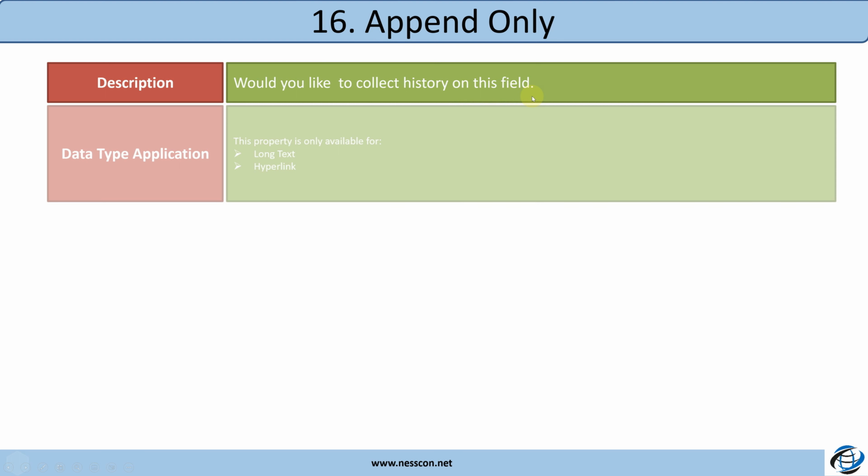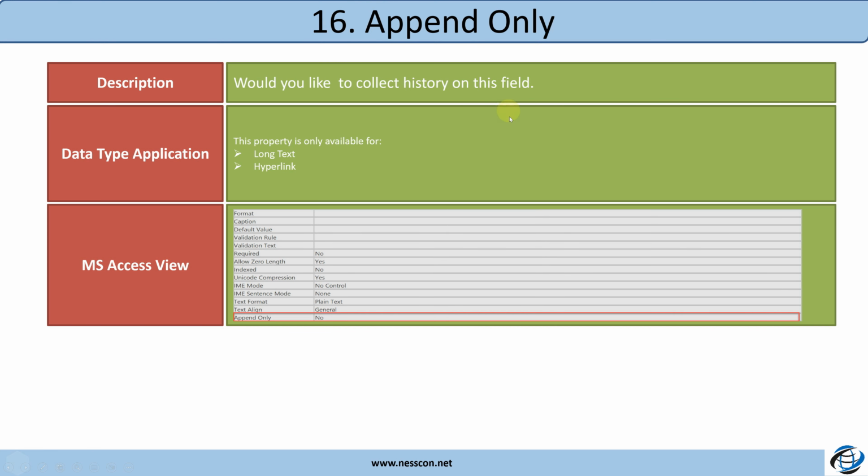For example, if someone made a change, we need to have a history of it, because it can contain hundreds of thousands of characters. So this property is quite useful to find out if a change has been applied to the long text.